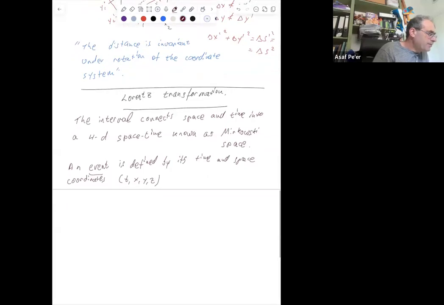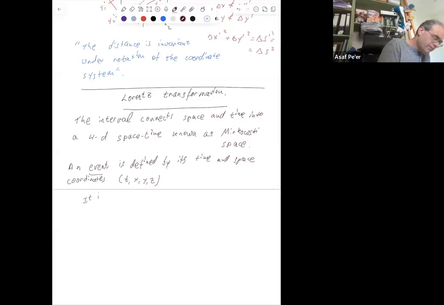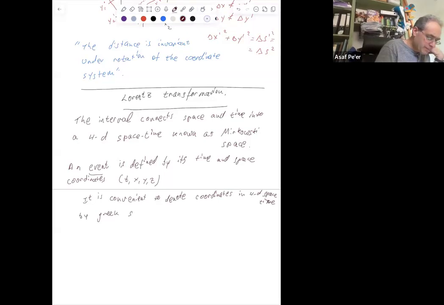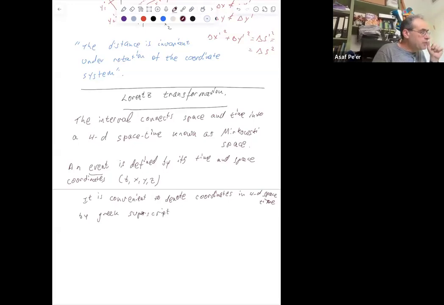So it is convenient to denote coordinates in 4D space-time by Greek letters or Greek superscript, which runs from 0 to 3.